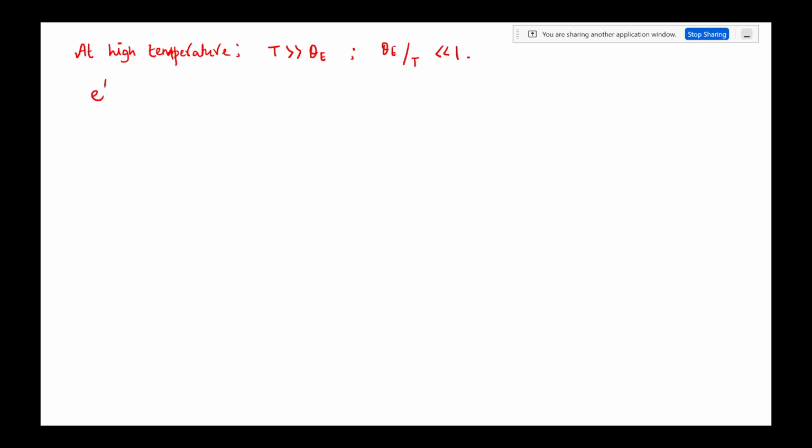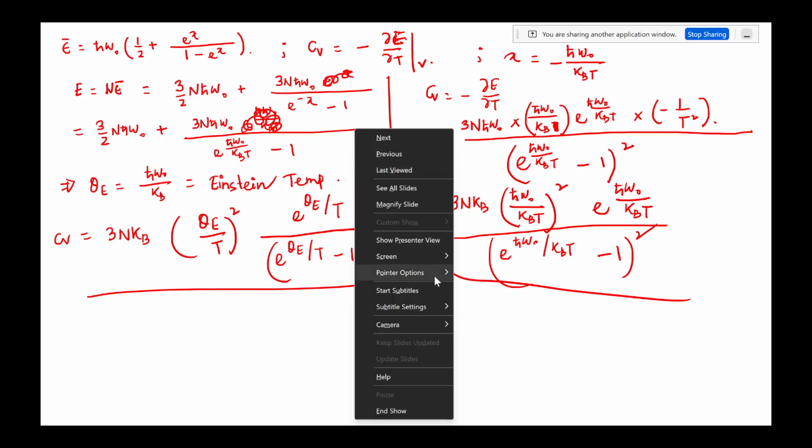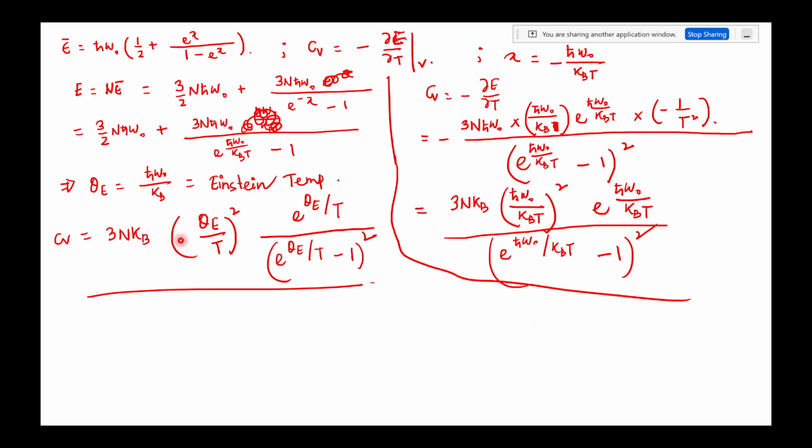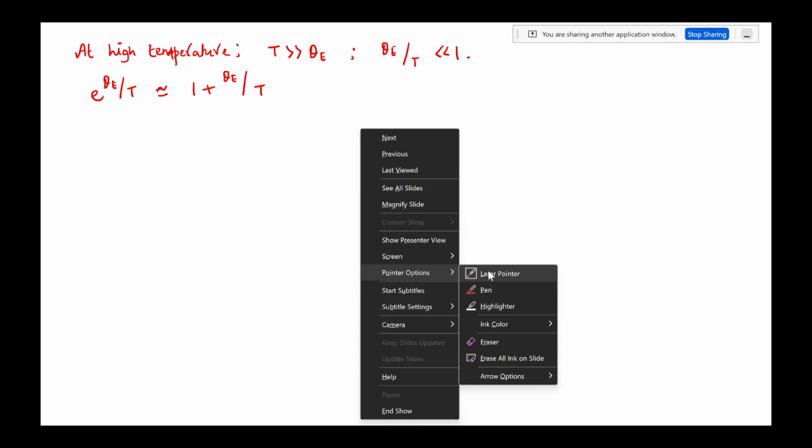So e to the power theta E by T can be written as 1 plus theta E by T. Then this expression will be changed, right? So let me write this expression again.